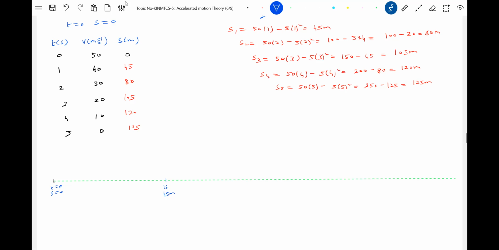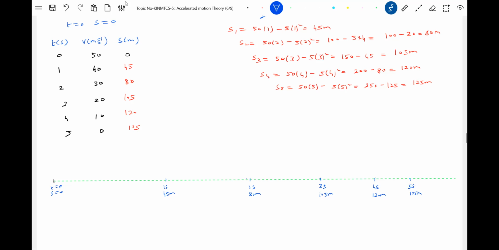Next, 2 seconds, it will be at 80 meters. 3 seconds, 105. 4 seconds, 120 meters. 5 seconds, 125 meters.